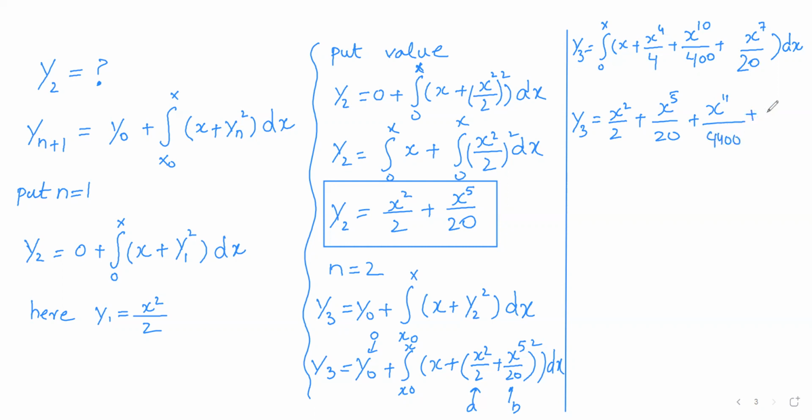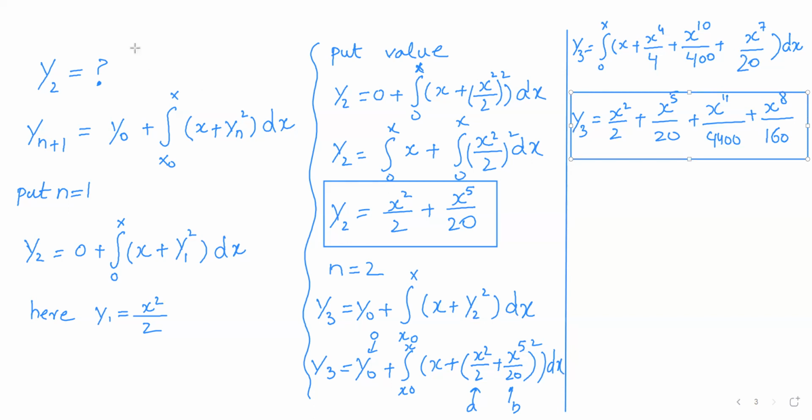And the last one will be x8 by 56, x8 by 7 into 141, 160. Okay. So this is your y3. So we already have y3.